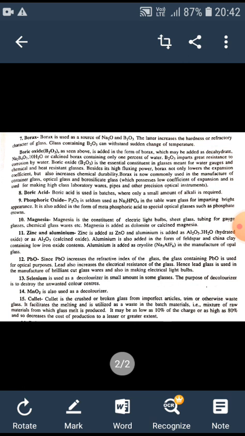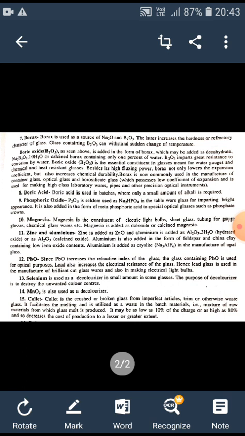Borax is another important raw material used in the manufacture of glass, and it is used as a source of sodium oxide and boric oxide, B2O3. The latter increases the hardness or refractory character of glass. It can withstand sudden change of temperature.